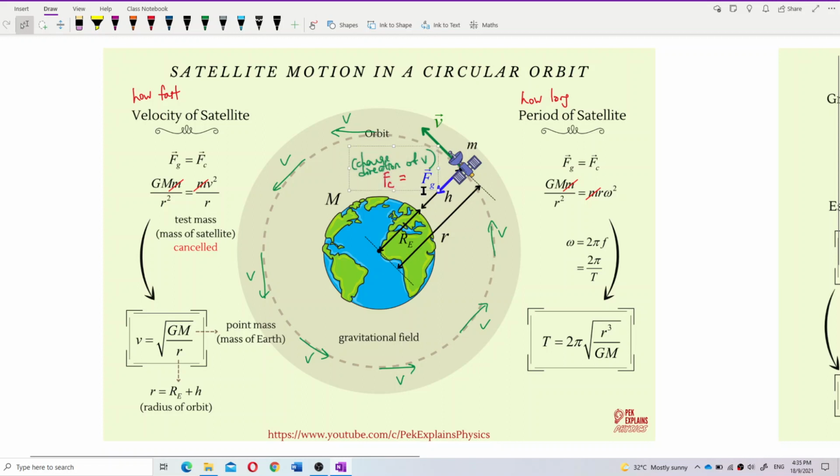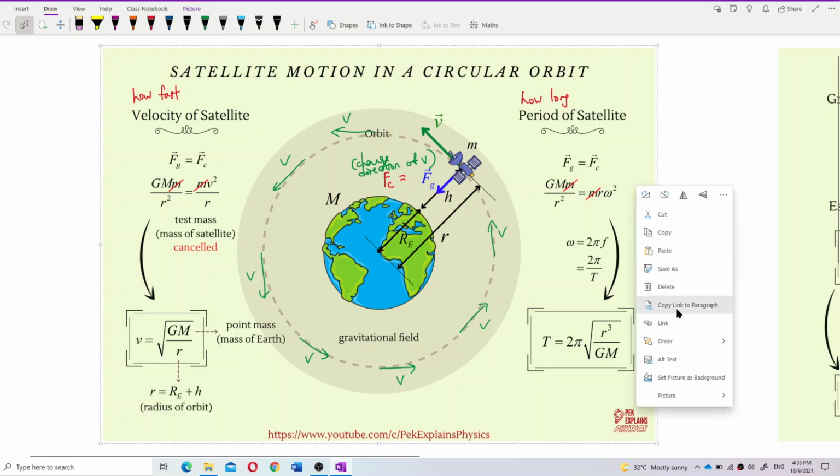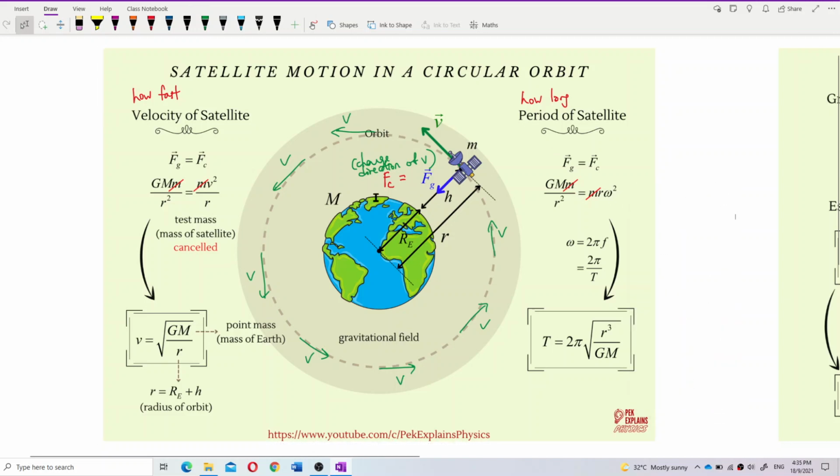This centripetal force, provided by the gravitational force, always changes the direction of the velocity, so that the satellite will always move in a circle around the Earth.